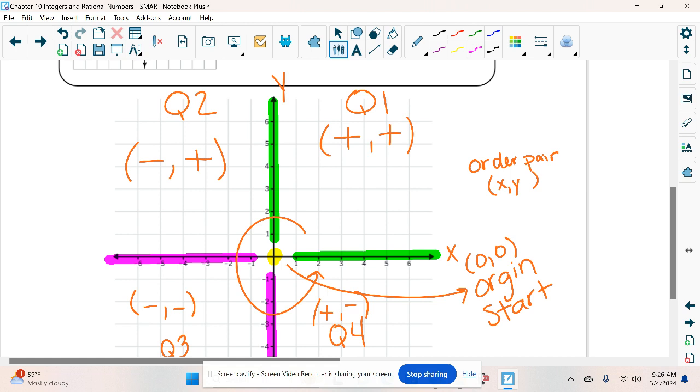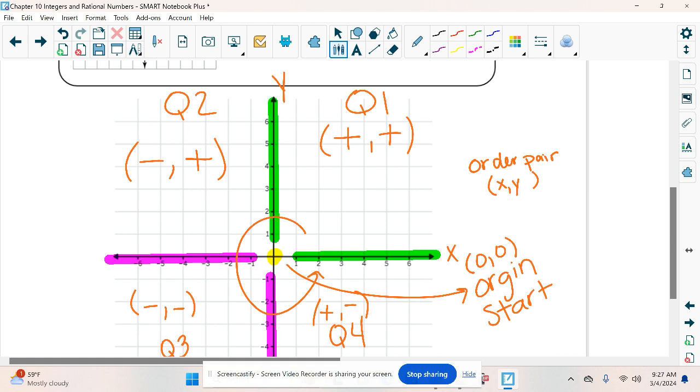Alright, Demar's mom was not singing and neither was CJ, so we have to do it 2 more times. Alright, here we go. Start at zero, left or right, then go up or down, plot the point.